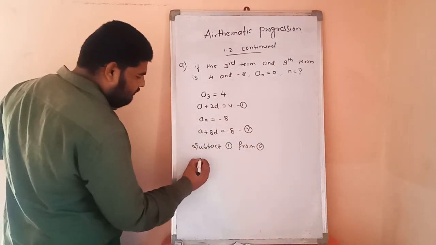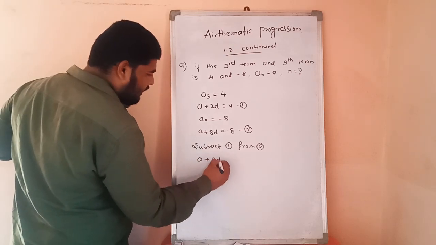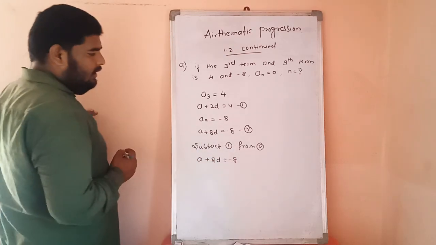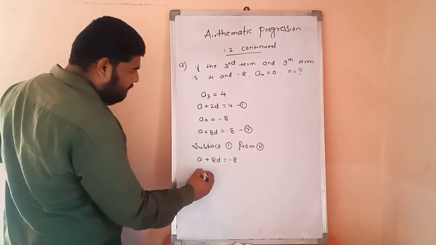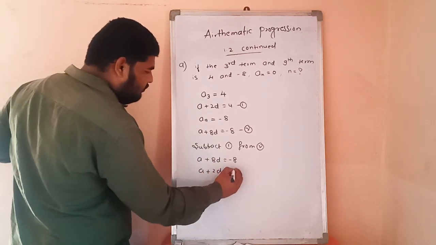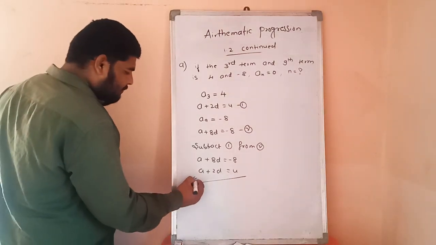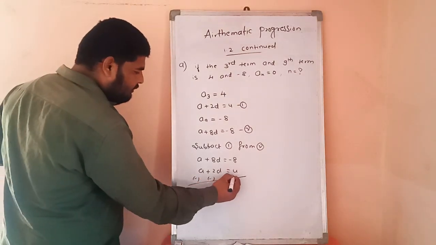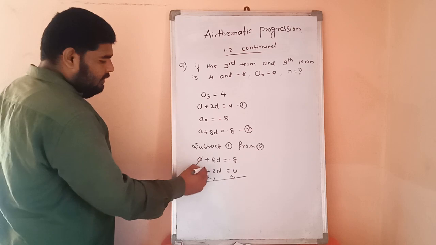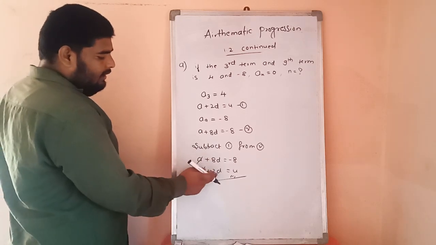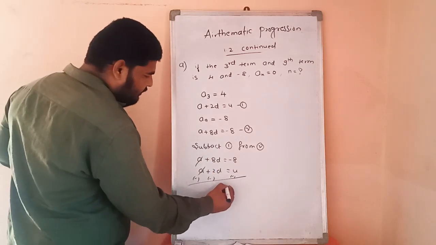So equation 2 is a plus 8d is equal to minus 8, and equation 1 is a plus 2d is equal to 4. Subtract. So here it is minus. So a minus a cancel. 8d minus 2d is 6d.